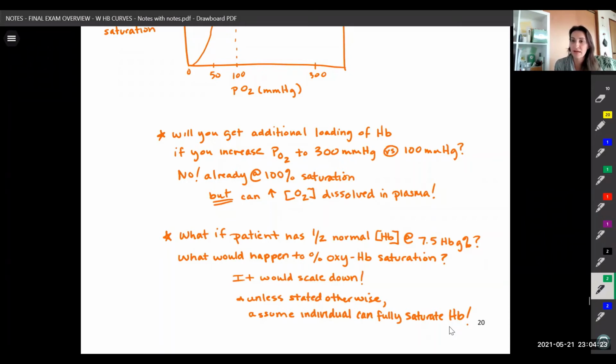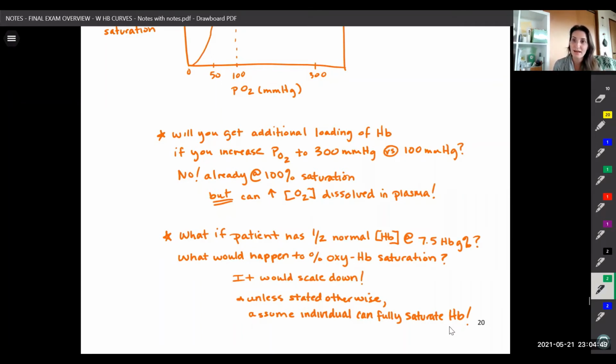Well, that's where a pulse oximeter becomes useful, because that tells us how fully saturated the hemoglobin is, and nothing more than that. Another way we could have an issue with an individual being able to fully saturate their hemoglobin is if they have a cardiovascular disorder, heart weakness or what have you, where they can't effectively perfuse their lung capillaries.